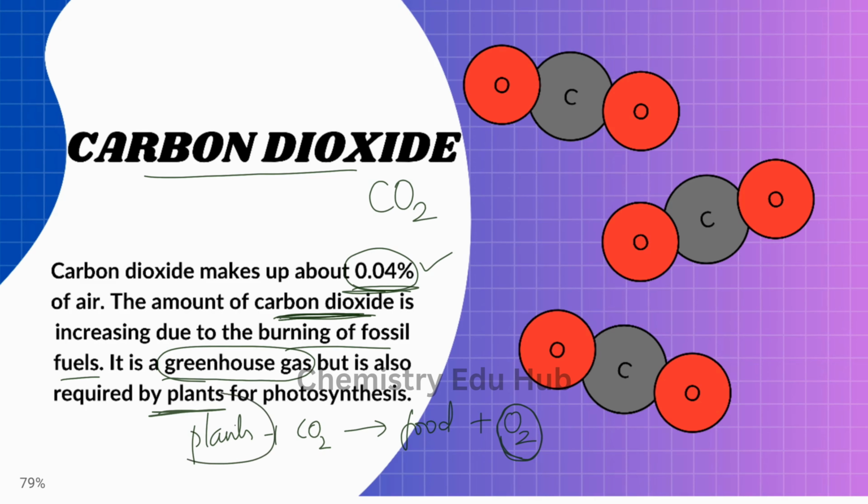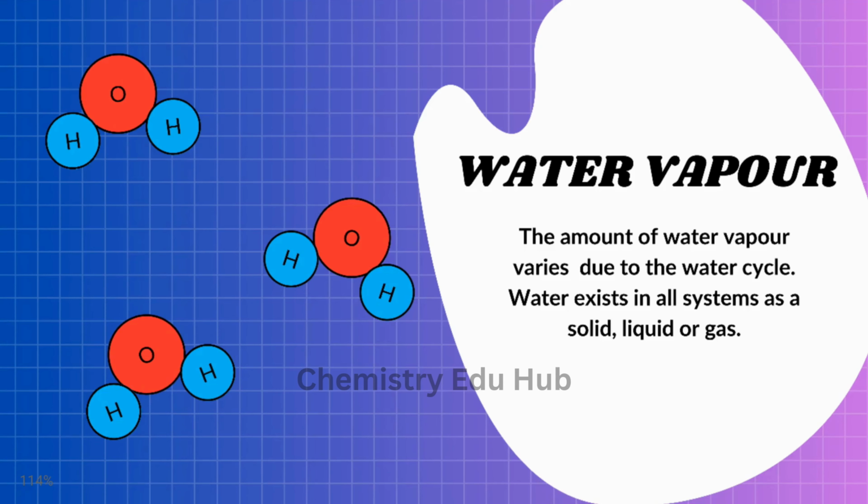So if the plant count increases, then the carbon dioxide count can be decreased. But since the plants are less and the carbon dioxide is more, this is causing damage to the ozone layer.